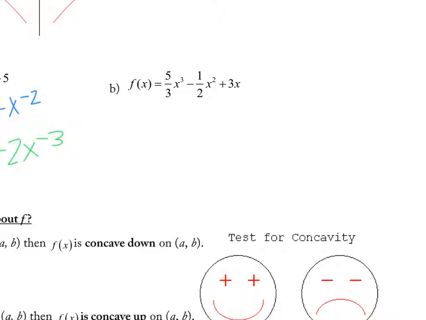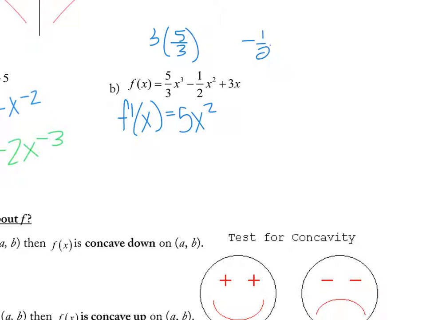We'll just do this one together again. So we're going to do f prime of x, which is the first derivative. We bring the 3 down in front, so 3 times 5 over 3 is just 5x to the second. And then we have negative 1/2 times 2, so that's just minus x to the first plus 3.